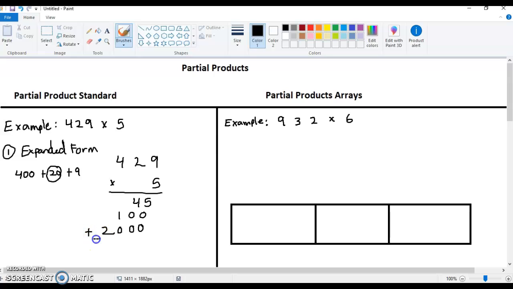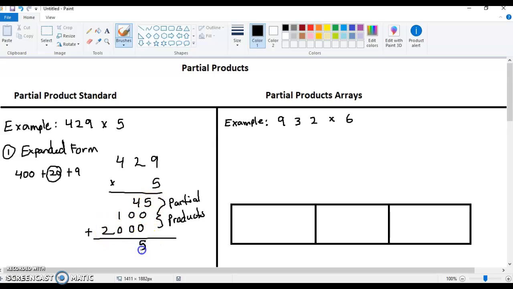So now all I have to do here is add these products, and all of these are called partial products. They're called partial because they're the products of each individual place value. So we multiply times the ones place value, then the tens, then the hundreds. So I take my partial product from the ones, from the tens, and from the hundreds, and I add them together.